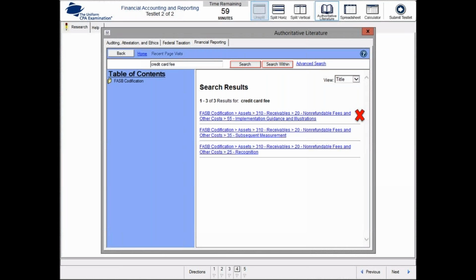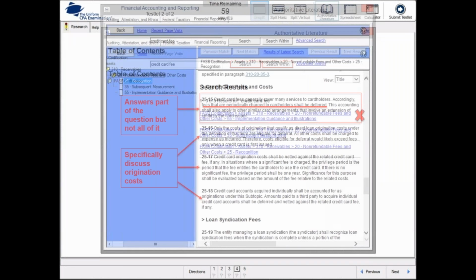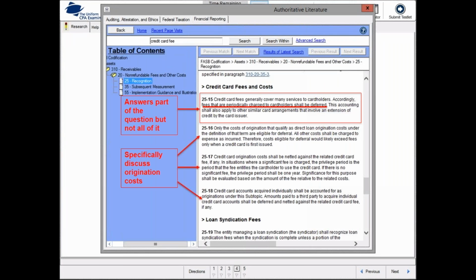So let's move on and take a look at recognition, because the question did ask about recognition, how and when we should recognize this fee. So going through the answer, there is a section for credit card fees, which is exactly where we would want to be, but a lot of what is under this literature does not actually apply to us.